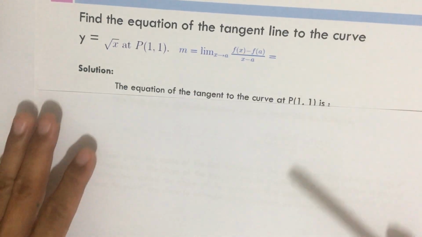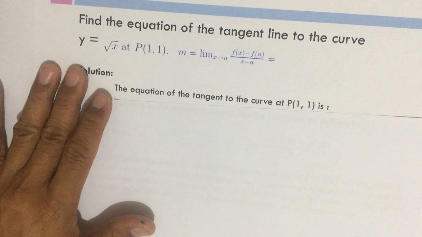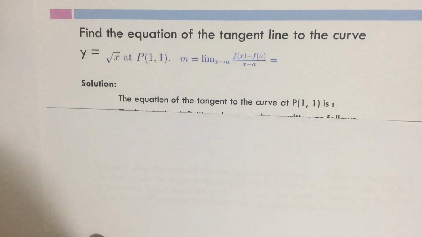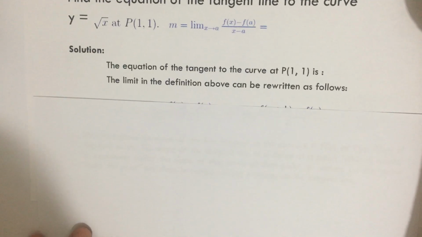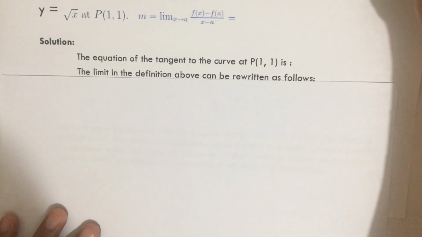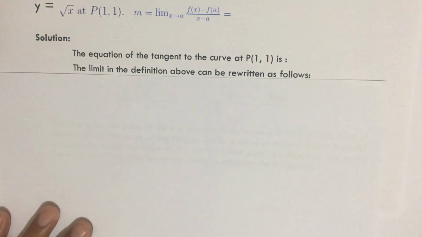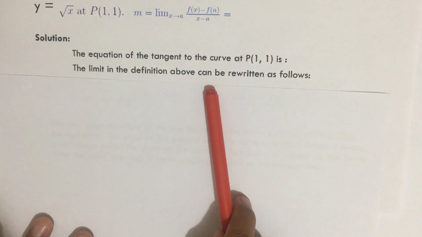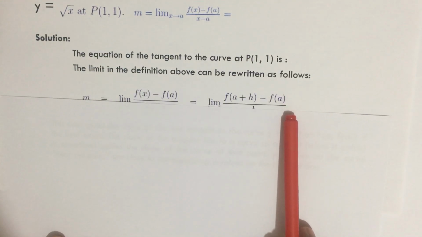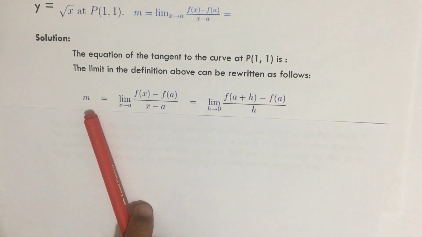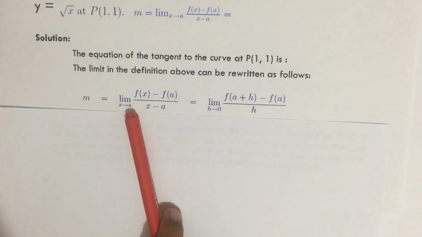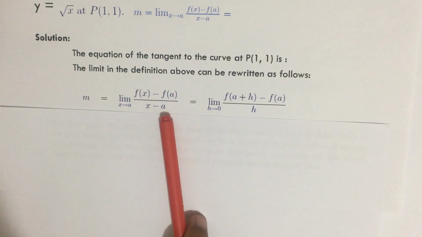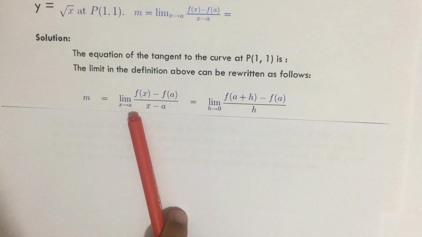So the equation of the tangent line to the curve at point P, coordinates 1 and 1. The limit in the definition that was discussed a while ago can be written as follows. We have the slope equal to the limit of f of x minus f of a divided by x minus a as x approaches a.